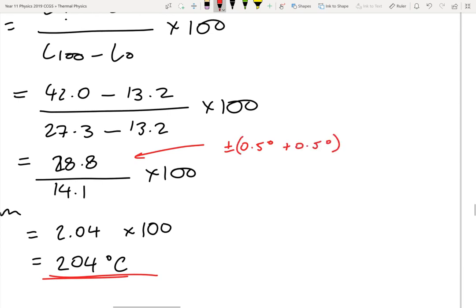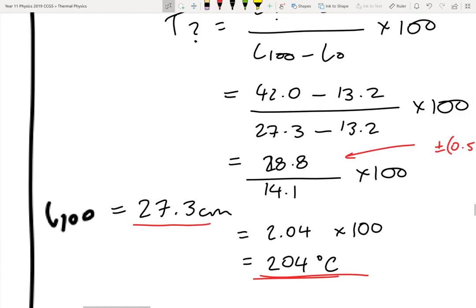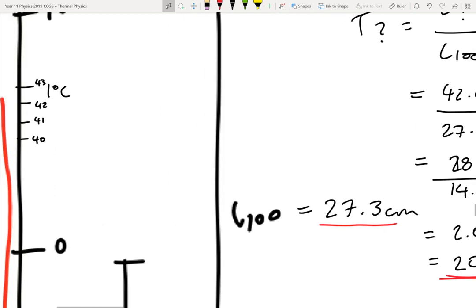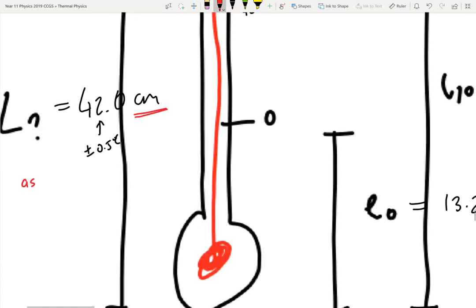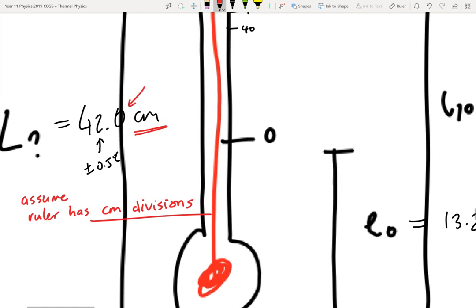Okay? Sorry? Oh, it was centimetres. Sorry, yeah, oh gosh. It is centimetres. Let's suppose we measured it with a ruler to the nearest centimetre. Okay? Good spot. Sorry guys, it was actually measured length in centimetres. So just right here, assume, okay, in which case that is still an estimate.